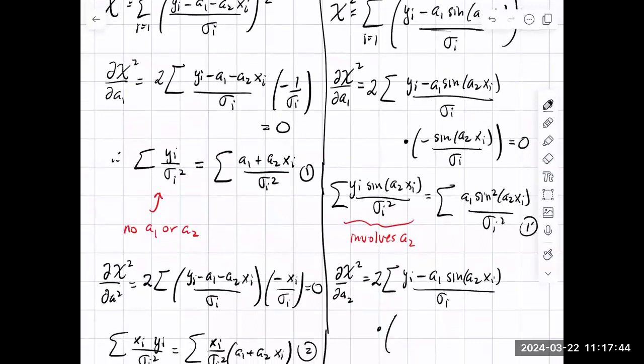It's going to bring out a factor of xi. So we're going to have an xi, it's going to multiply the a1. We still have a 1 over sigma I. The sine becomes a cos. And then we have a2 xi. And then I think we still have a minus sign. There we go, and then that has to be equal to 0.